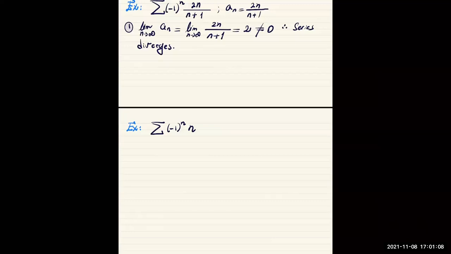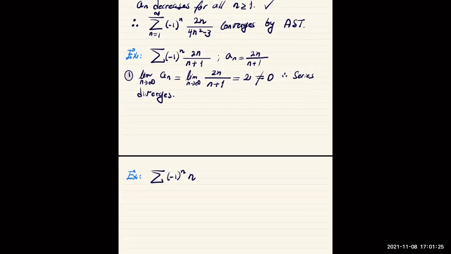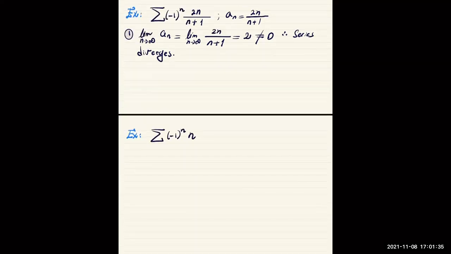Of course, a sub n doesn't go to 0. If you look at n, n is not decreasing. The limit is, first of all, not 0. The limit is infinity. So we are done with that.